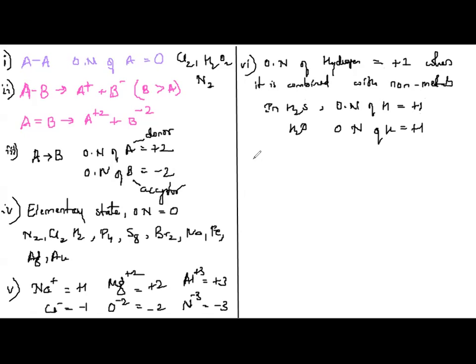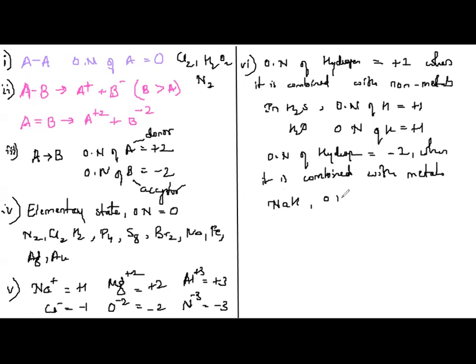Similarly, the oxidation number of hydrogen is -1 when it is combined with metals. For example, in sodium hydride, the oxidation number of hydrogen is -1. See, with metal.